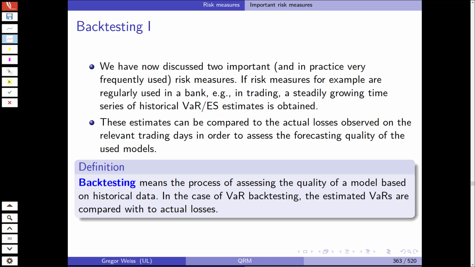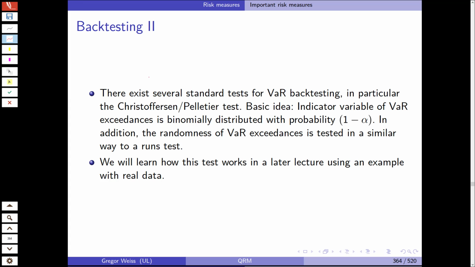In the case of VAR backtesting, you're comparing estimated value at risk with actual losses. We have several standard tests for VAR backtesting. The most famous ones are the Kupiec test, the test by Christoffersen, Pelletier. The basic idea is that you have an indicator variable. Let's assume these are your losses.